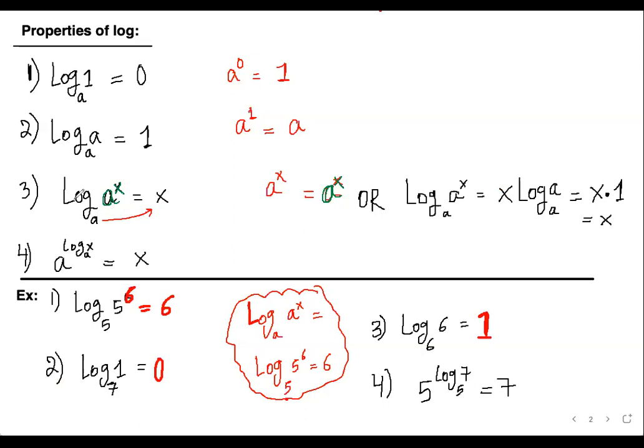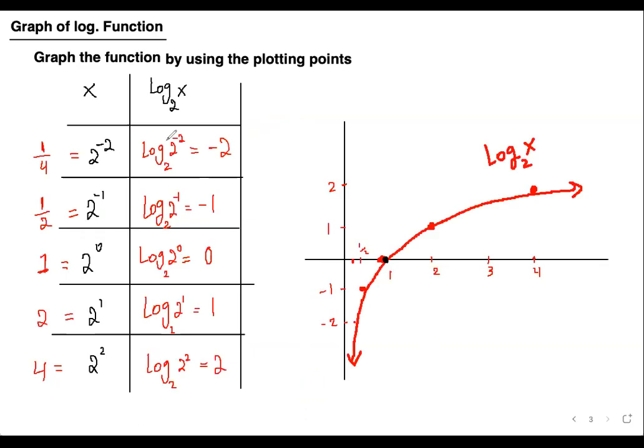Logarithm a to the power x with base a, what do they give me? x, right? So I plug by using this property. Logarithm of 2 to the power -2 with base 2. You see the 2 here?